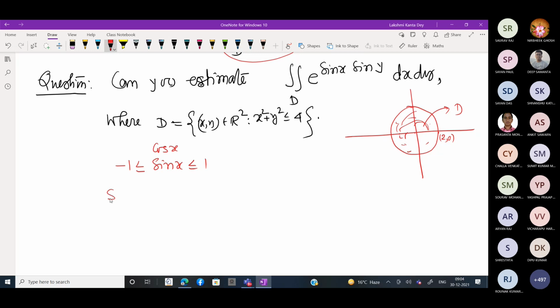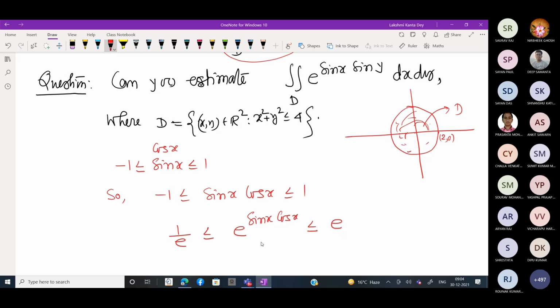So we can write -1 is less than or equal to sin x cosine x, which is less than or equal to 1. So ultimately, 1 by e is less than or equal to e to the power sin x cosine x, which is less than or equal to e.